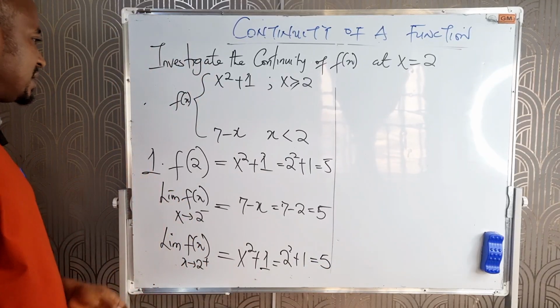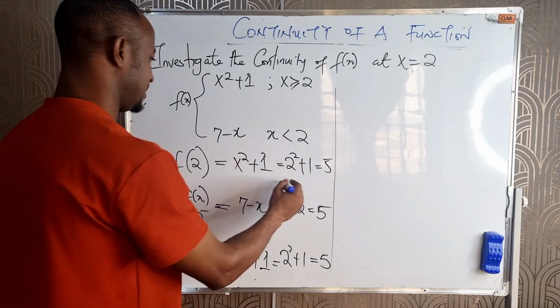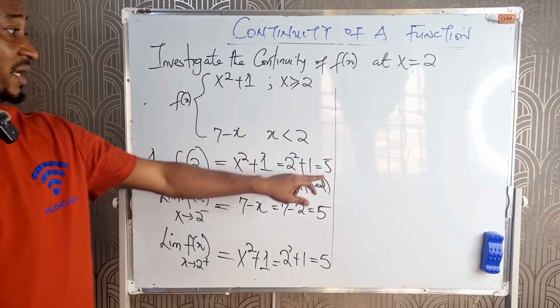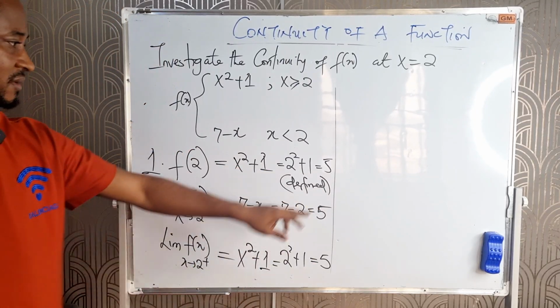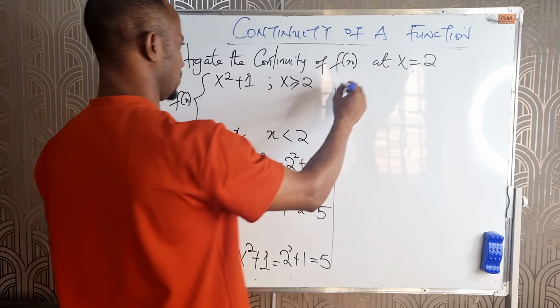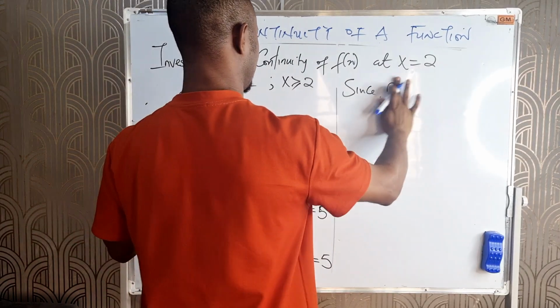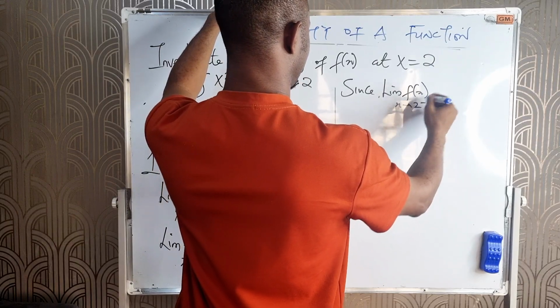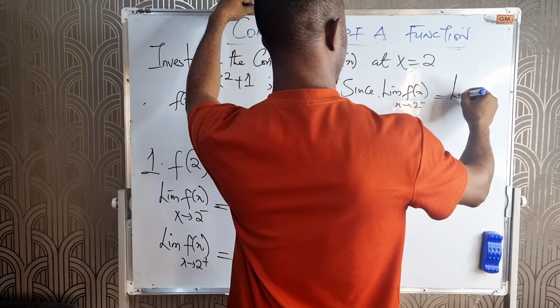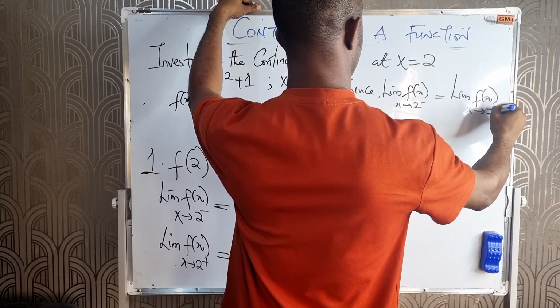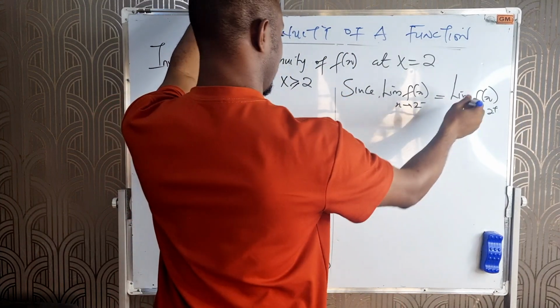What do you notice? That f of 2 is defined. It is not an undefined function because we have a real value, which is 5. Limit of f of x exists. So since the limit of f of x as x approaches 2 on the left hand side equals the limit of f of x as x approaches 2 on the right hand side, they are both equal.